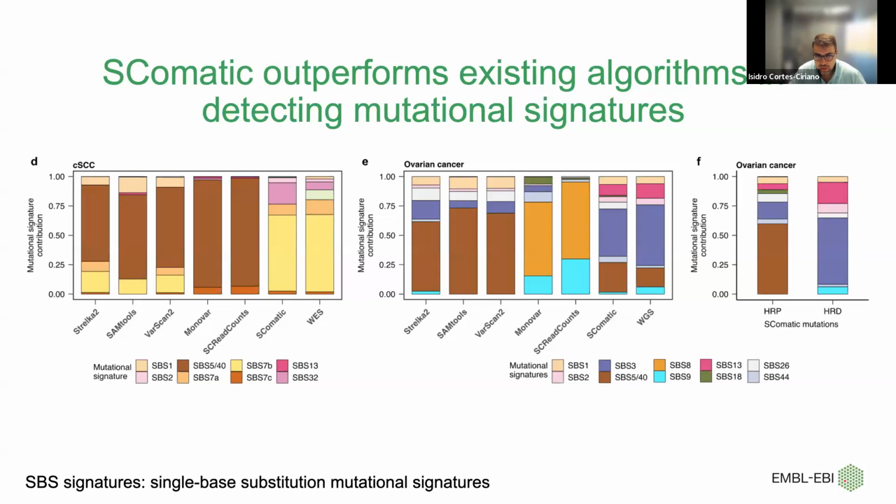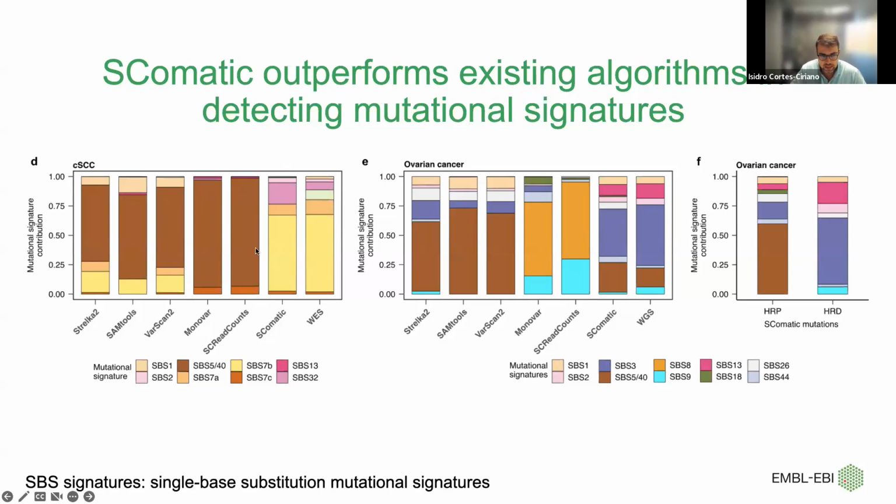One of the analyses that we have been relying on in this project is the detection of mutational signatures. For those of you that might not be familiar with this concept, it refers to the pattern of somatic mutations, the mutational spectrum. I will show you some examples in a second. We have the mutations detected, in this case, in whole exome or whole genome sequencing data, and we can estimate the contribution of different mutational processes to the mutations that we observe.